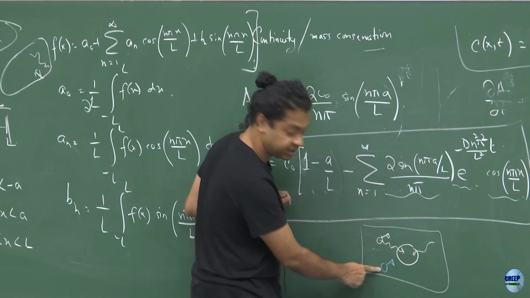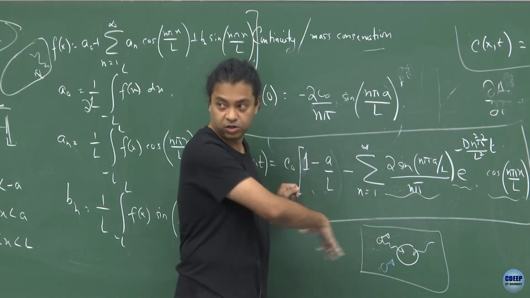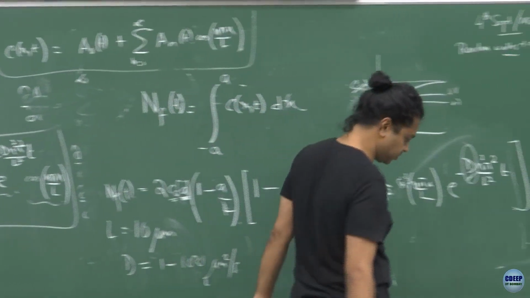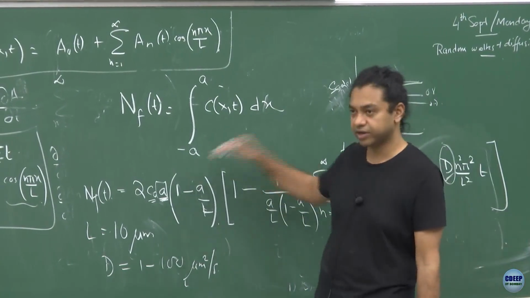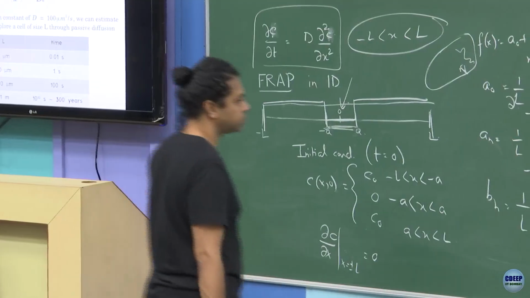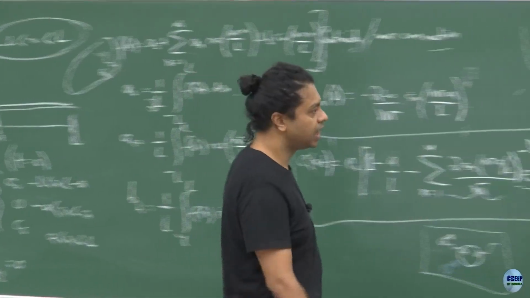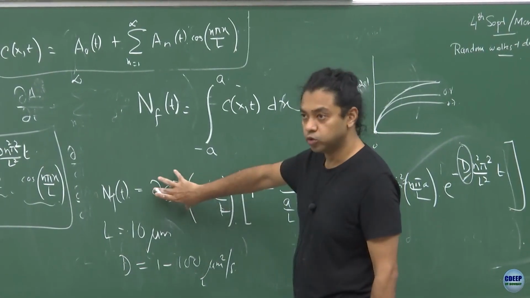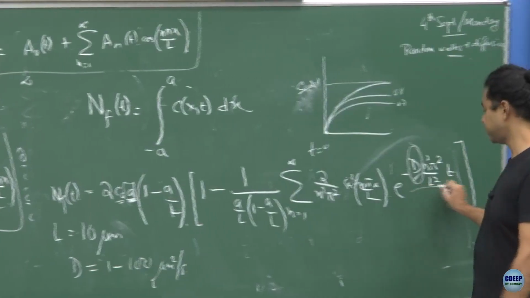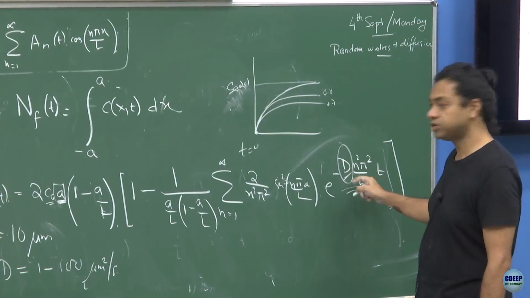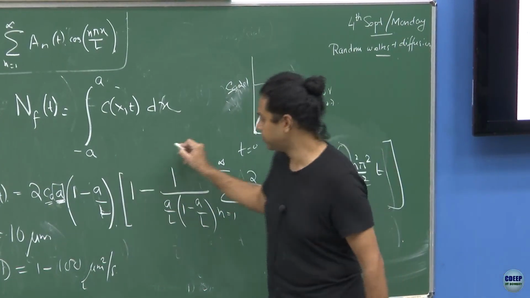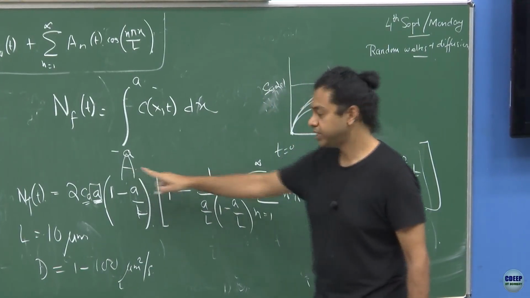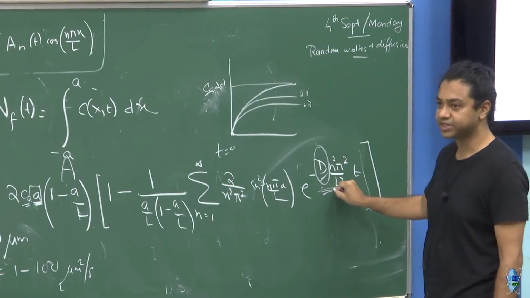The ones which are immobile will not. So, it has to do with the fact that a fraction of proteins are immobile, not the fact that it is not recovering. Work it out. It has to do with what you are saturating to, not how fast you saturate. If I write that value as some A, it changes what A you saturate to, it does not change how fast you approach that saturation.